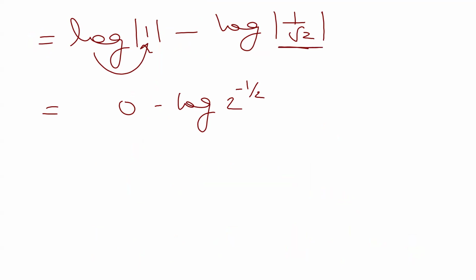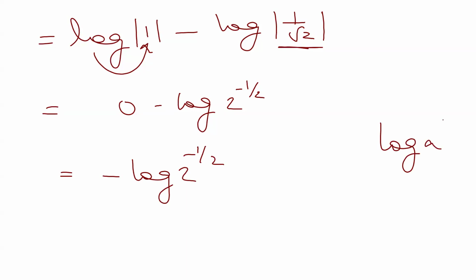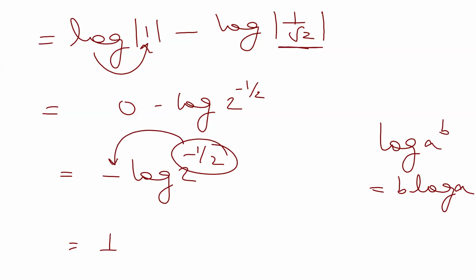It goes in the denominator, so it becomes 2 raised to minus half. Now log a raised to b is equal to b log a. So this minus half will come ahead. Minus into minus is plus, which is equal to half log 2. So this is the first one.